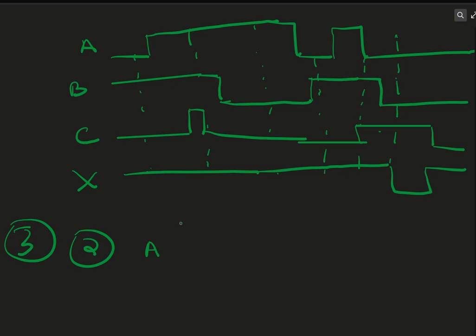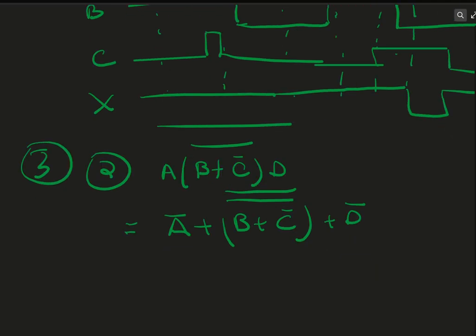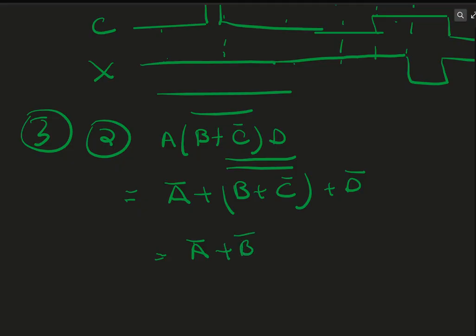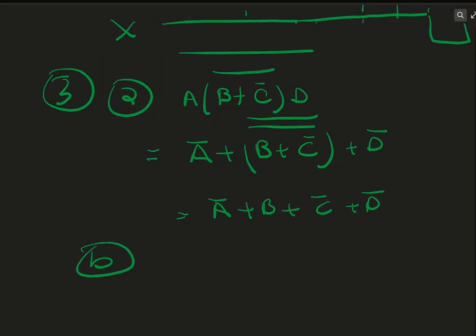A plus C into D. Okay, so we used De Morgan's first theorem, which is A prime plus B plus C prime into this bracket and plus D prime, and the double bar cancels, so we'll have A bar plus B bar, not B bar, it's going to be C bar plus D bar. That's it, very simple. Use De Morgan's theorem.